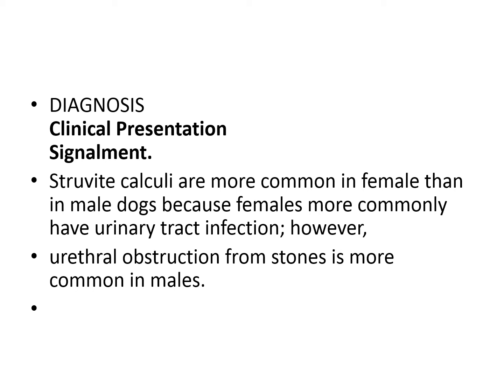That's why female dogs can hold a high level of struvite calculi as compared to males. Similarly, the chance of urinary obstruction due to uroliths is more common in male dogs because of the long tract of the urethra and the narrow lumen of the urethra. So males have more chances of urinary flow obstruction due to calculi as compared to female dogs.